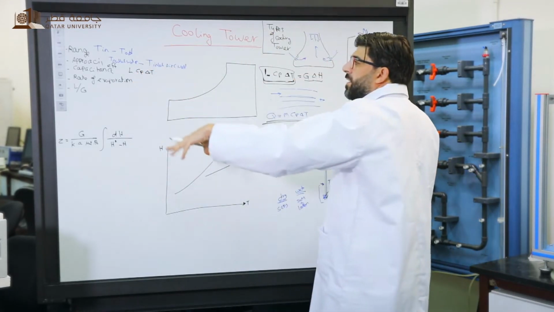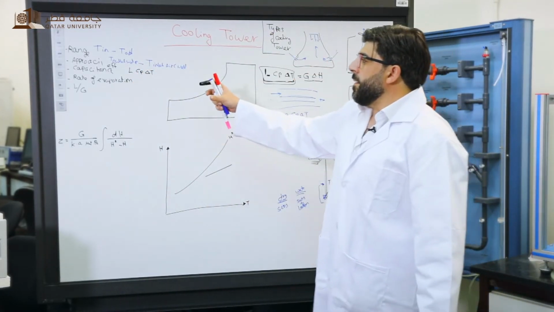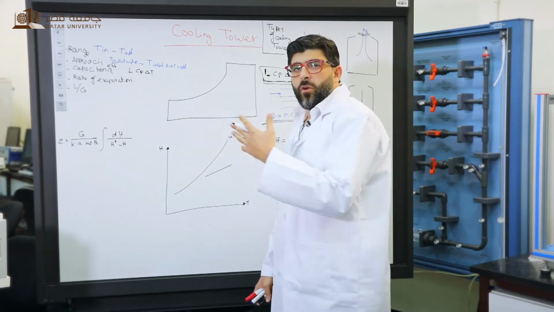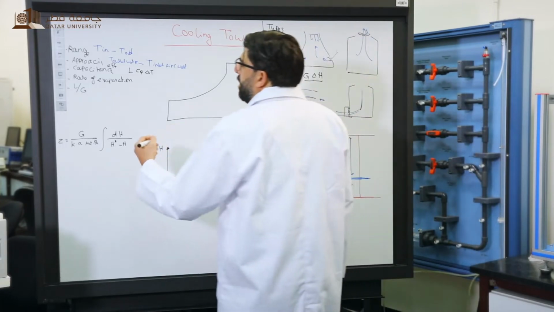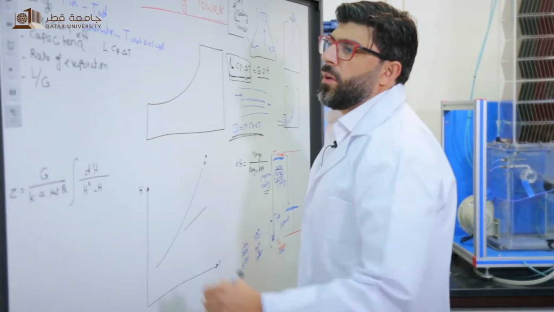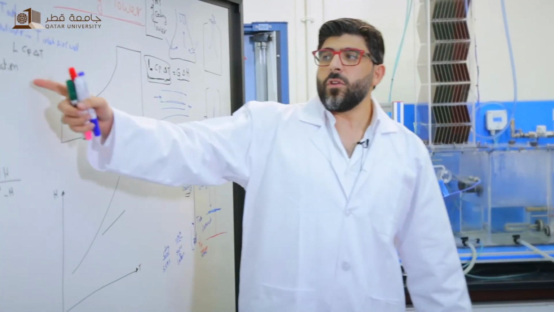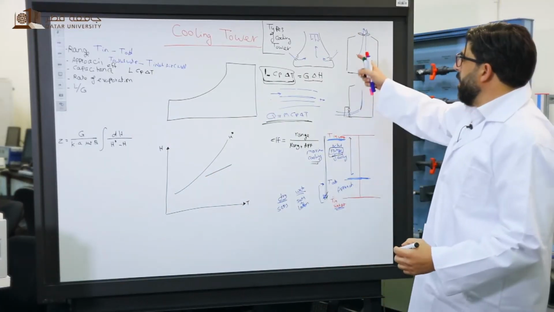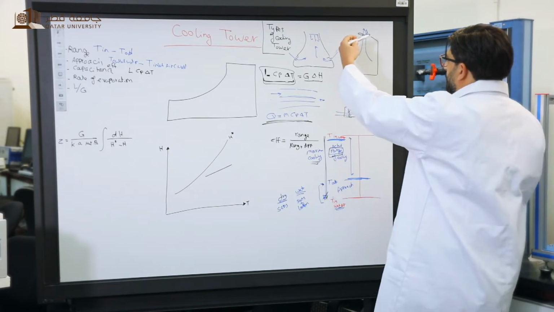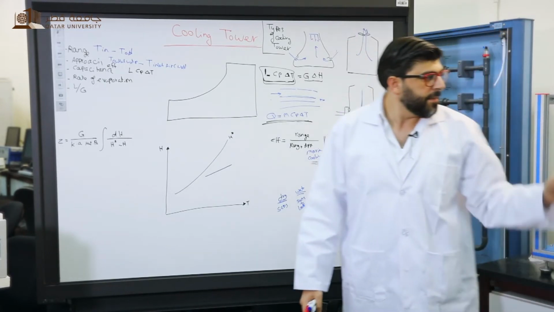So all these things represent the effectiveness or the characteristics of the cooling tower, the factors that affect the performance of the cooling tower. Also, we have the rate of evaporation. Let's go for the real example.